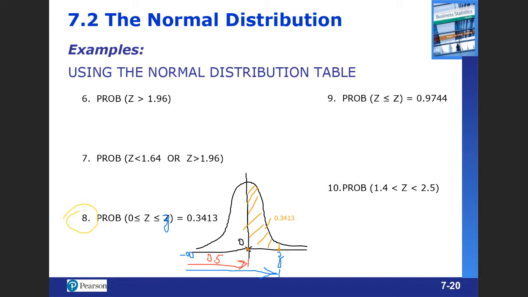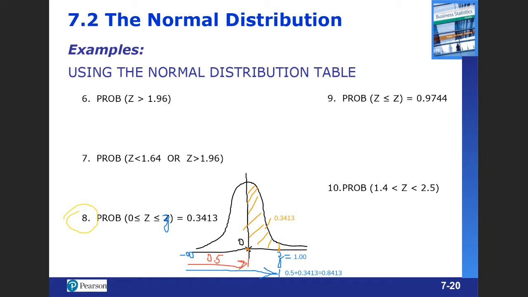So it will be 1, okay. Z equal to 1. Okay, so then that means we have to look up in the table, in the middle of the table, for 0.8413, and we should find it at 1.00. So let's see if that's what happens. Okay, any questions before I switch?